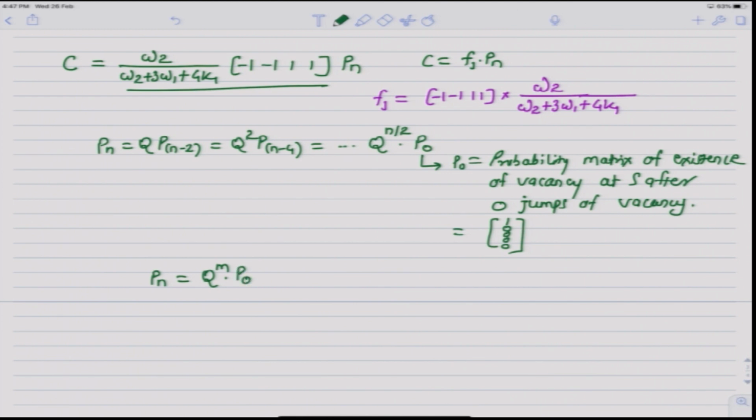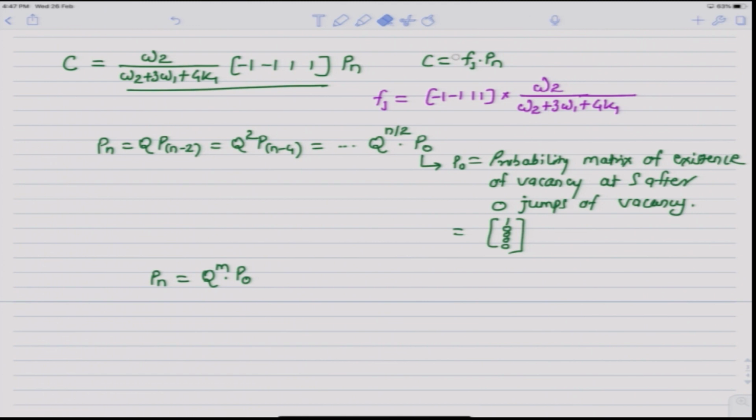Now, when we write the expression for C, we are writing F1 times Pn, but n can vary from 1 to infinity, because for some atoms the vacancy will arrive after making 2 jumps, for some atoms it will arrive after making 10 jumps, for some atoms it will arrive after making 1000 jumps, and we have to consider all such correlations, and so n has to vary from 1 to infinity.